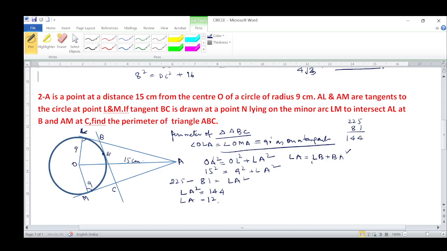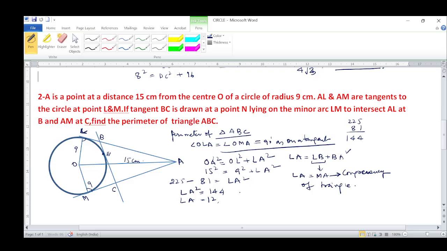Now, from the definition of tangent, LA is equal to MA as the triangles are congruent, congruency of triangle as discussed in the last question.